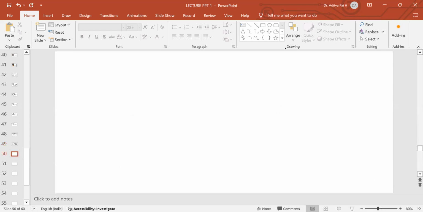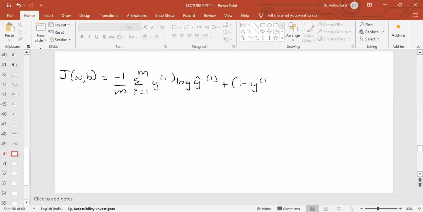I'll rewrite it as J of w comma b equals minus 1 by m summation of i equal to 1 to m of y i log y hat i plus (1 minus y i) log (1 minus y hat i).